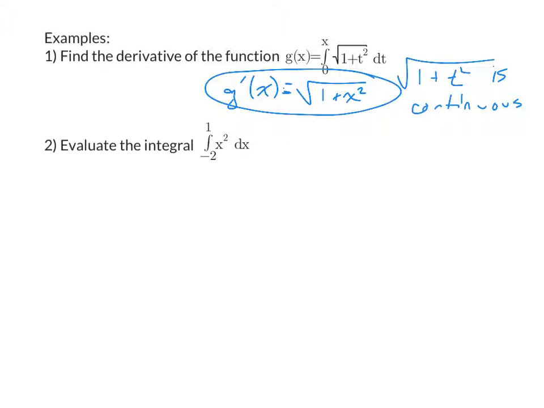In number 2, we're evaluating the integral of x squared from -2 to 1. Again, we can note that x squared is continuous everywhere. It's a nice little parabola. From part 2, we want to do the antiderivative of x squared.